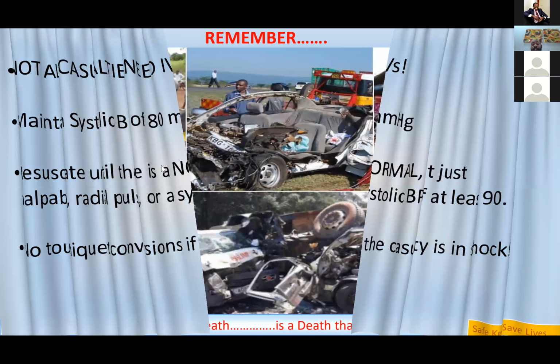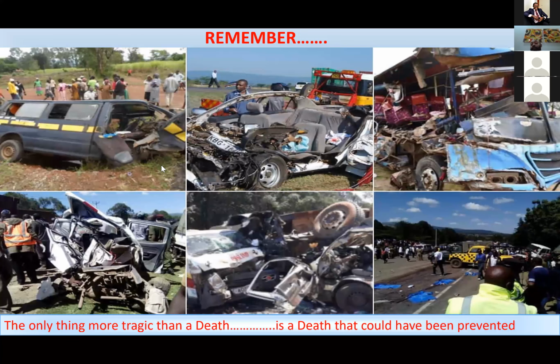So, down to the last slide. The only thing more tragic than a death is a death that could be prevented. Hypovolemic shock or massive hemorrhage is the number one cause of death when we start talking about traumatic injuries, and it's very, very simple to fix.